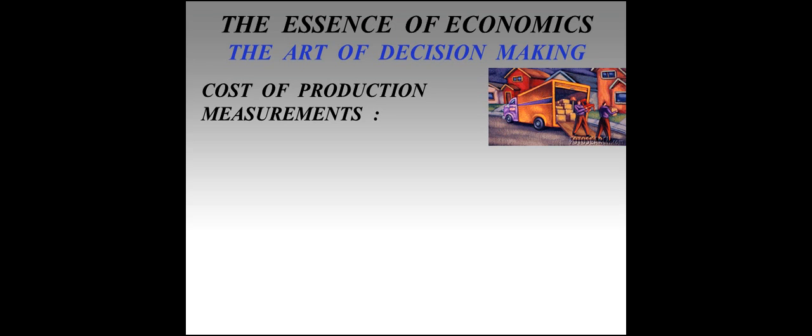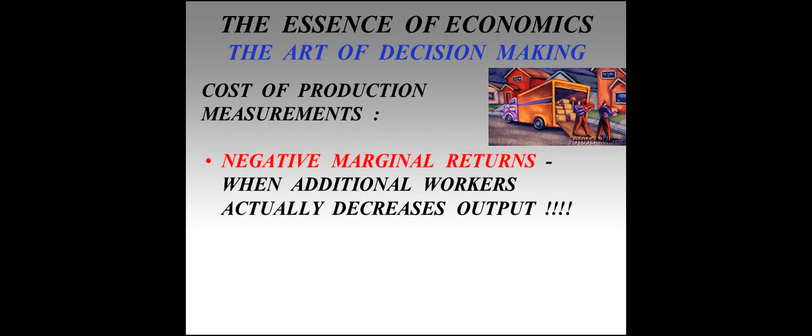If the moving company does not do something to address diminishing marginal returns, in other words, find the labor with the right skills, put in place the right methods and procedures, and also support the labor with the right technology and tools, the business will quickly run into this measurement, which we call negative marginal returns, where additional workers actually decrease the output for the firm.